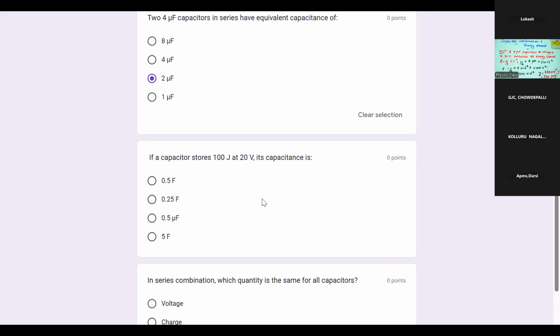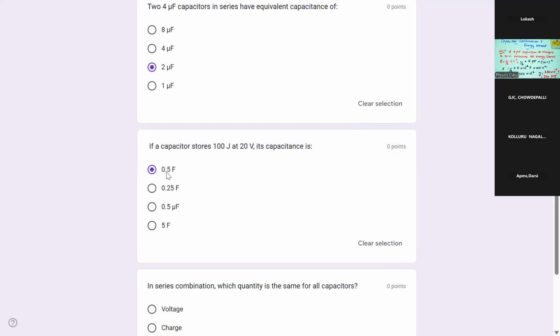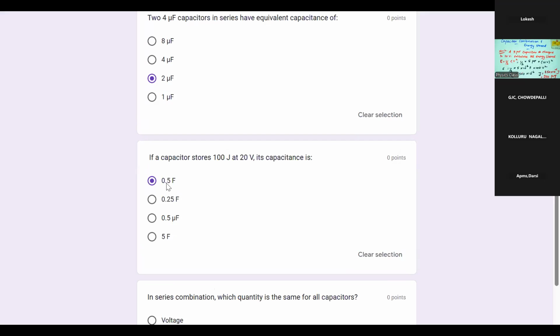Option A is correct. 0.5 farad. Yes. Okay. We have the energy and we have the voltage. So capacitance 2E by V square, we will get the 0.5 farad. Yes, correct.